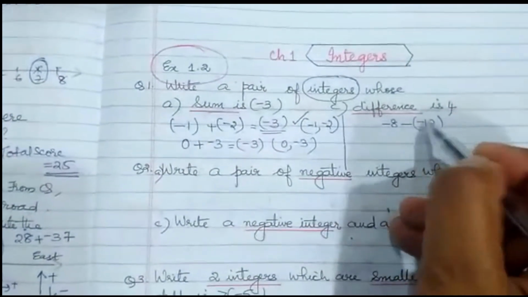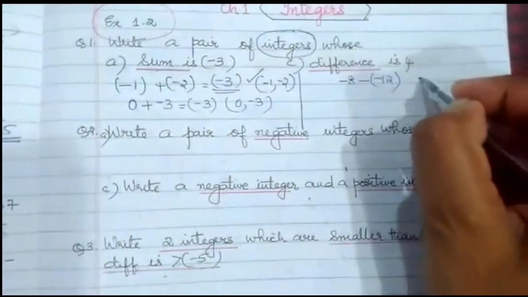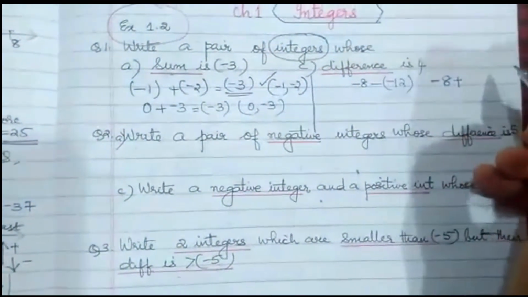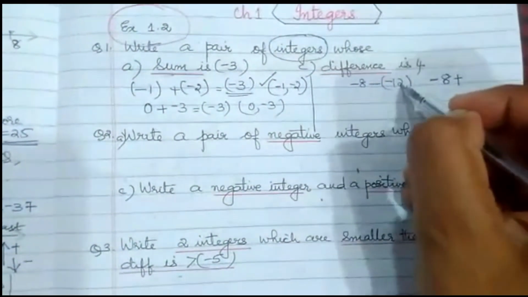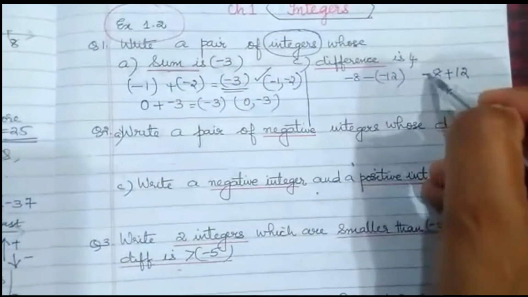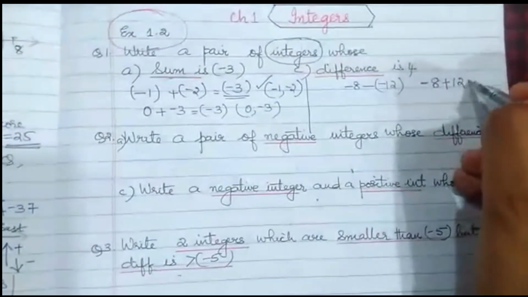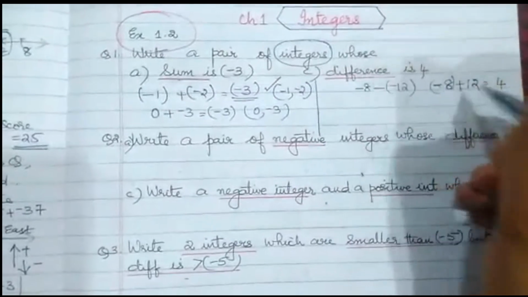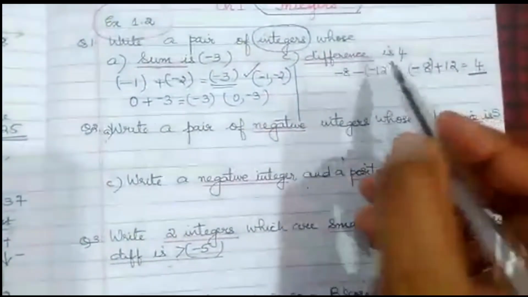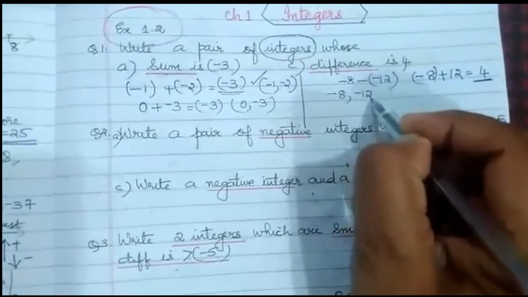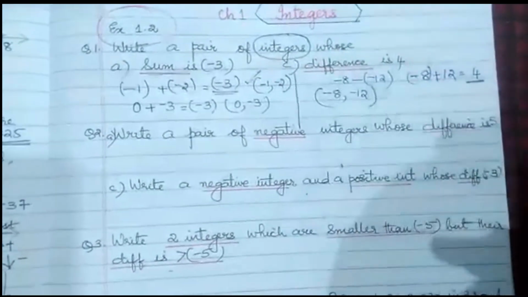If two negative signs are nearby, then it becomes positive, or else subtraction is the same as adding the additive inverse. The additive inverse of minus 12 is 12. Now one is negative integer, another is positive, so it is 12 minus 8, 4, and put the sign of the greater one, that is 4 itself. So you got the difference, so minus 8 and minus 12.